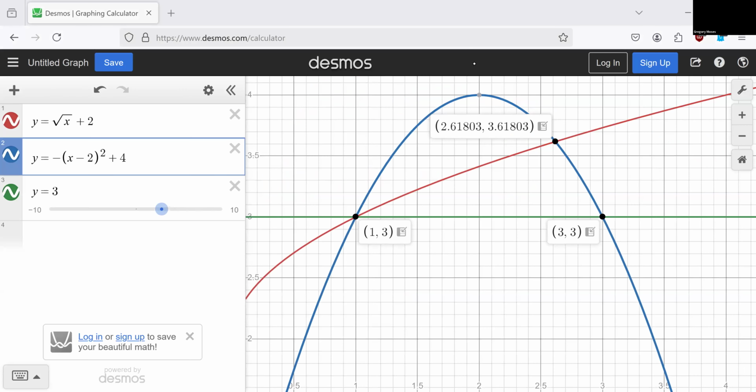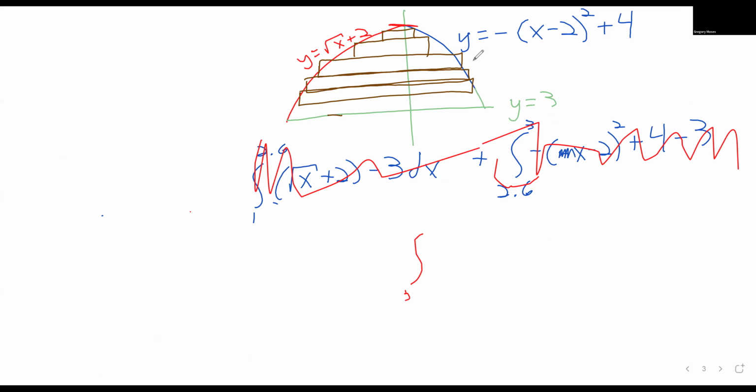We wind up here at some not terribly appealing y value, 3.6 or so. And let me write what isn't true.